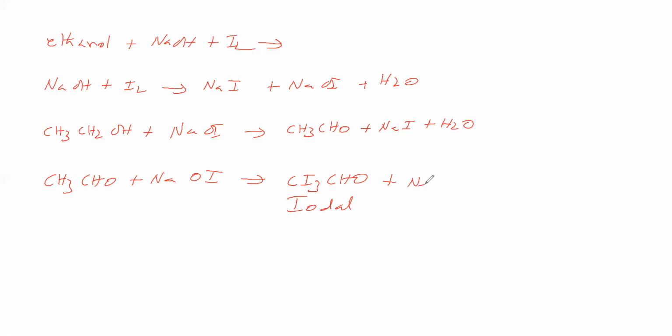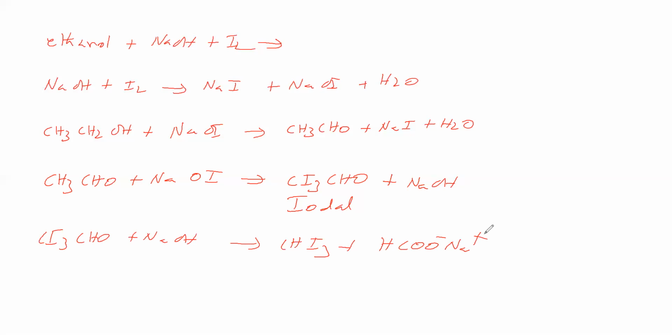This is called iodination. That means the alpha hydrogens are replaced by iodine by sodium hypoiodide. Then this iodal undergoes hydrolysis in the presence of base to give iodoform and sodium formate.